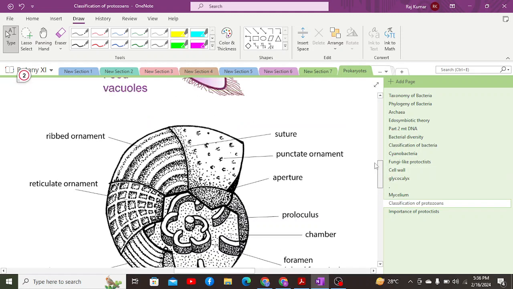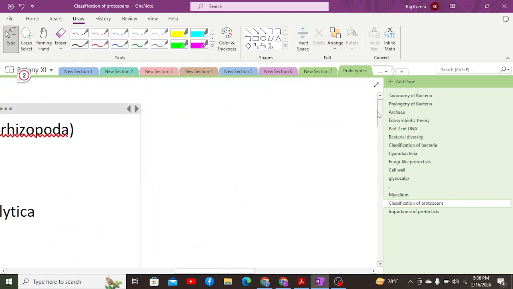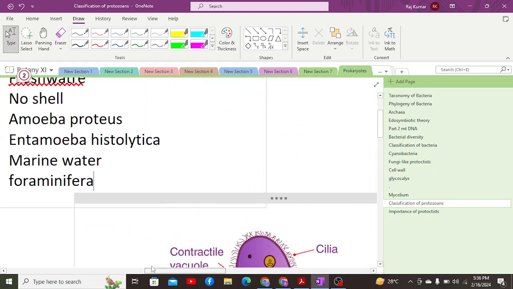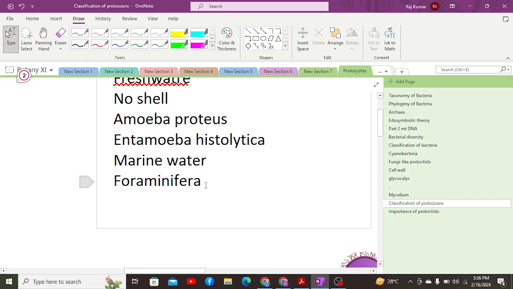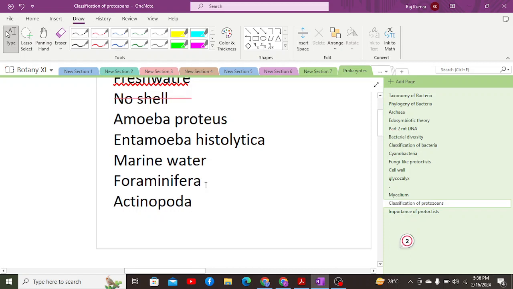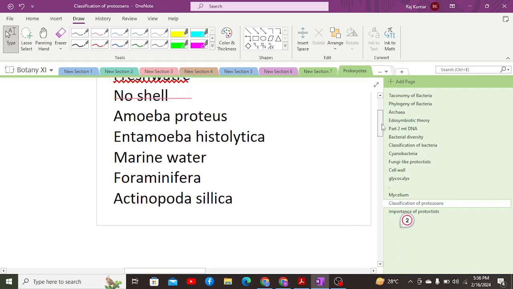The second type of marine water sarcodine is Actinopoda, which also has a shell, made up of silica. Now, how is the shell structure formed?